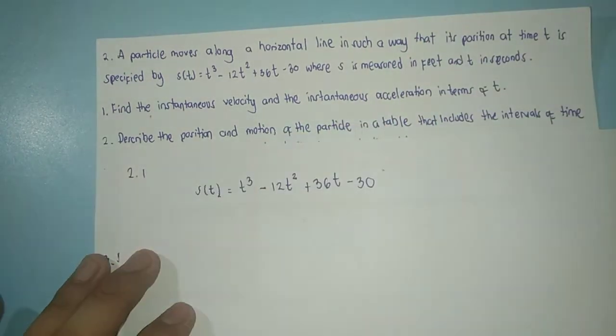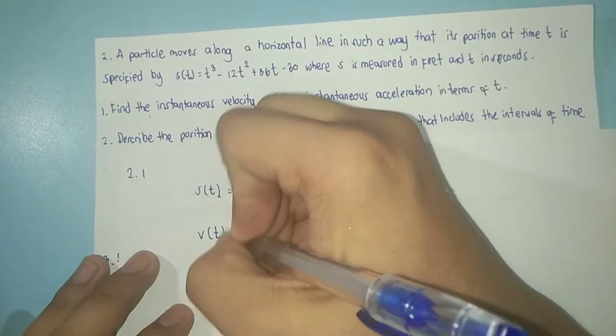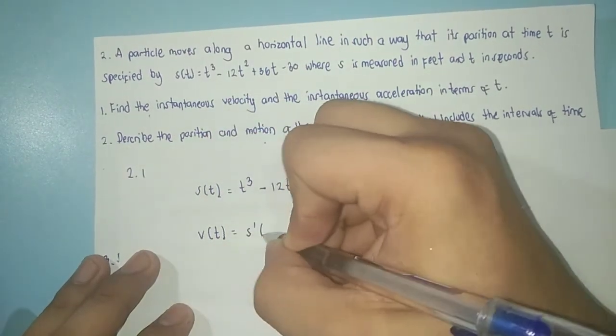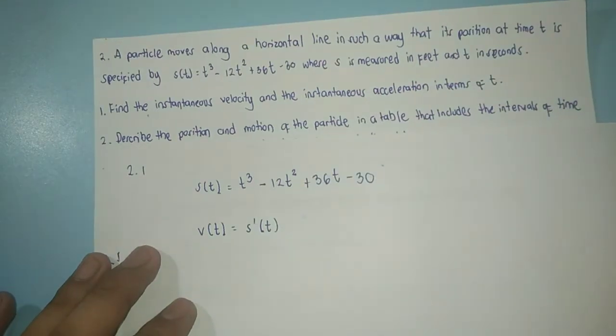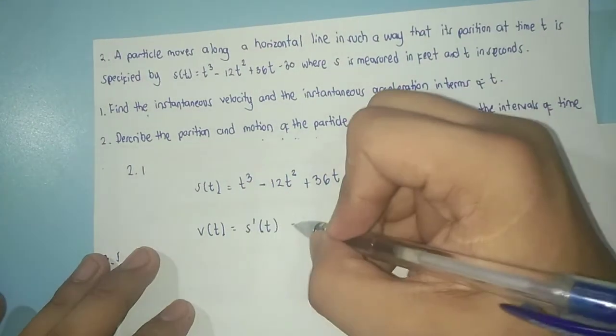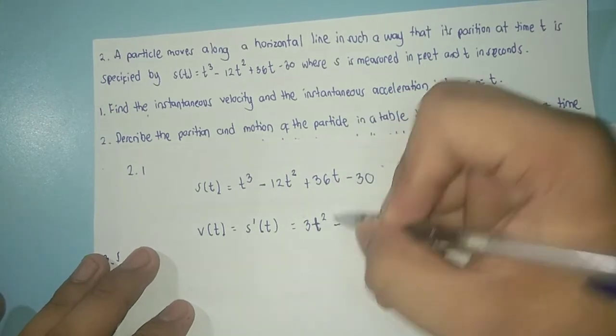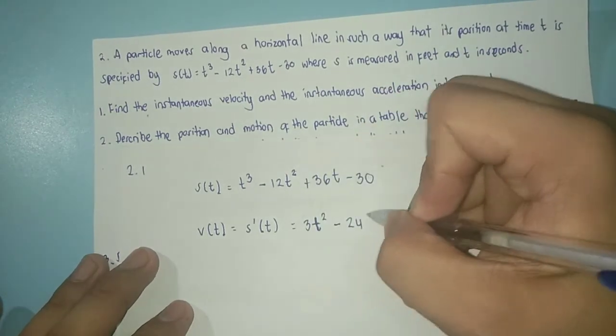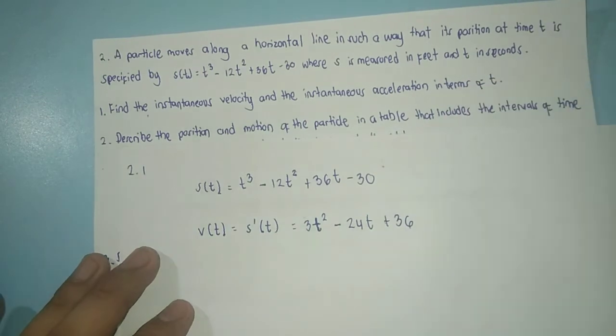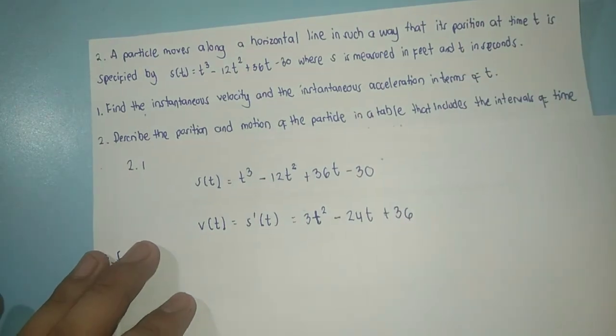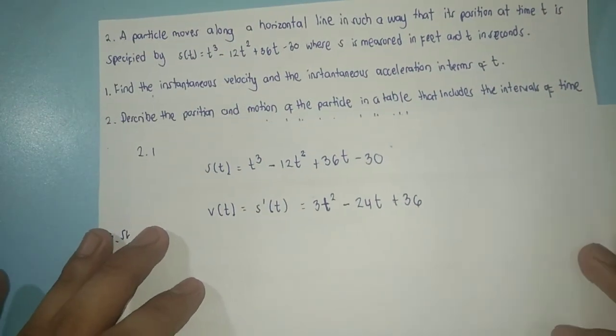So, una nating hahanapin yung instantaneous velocity, v of t. So, that is the derivative of the position. So, kukunin lang natin yung derivative nito. That is 3t squared minus, bababa, 24t plus 36. Okay? So, yan na yung velocity.